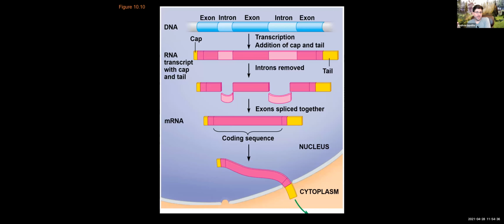Here's a schematic of eukaryotic gene expression. I'll very quickly show you. Here are the exons, and here's the DNA. Here's the primary transcript. You can see it's capped and it's got a tail. We're then going to splice these introns out, and they've done a fancy job showing their varying lengths and sizes. It doesn't matter.